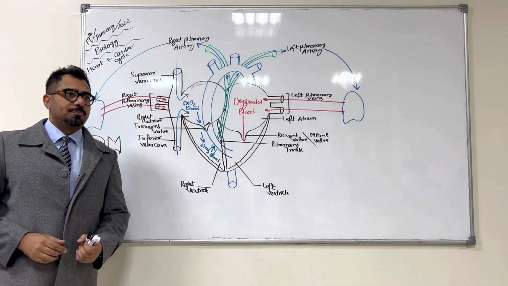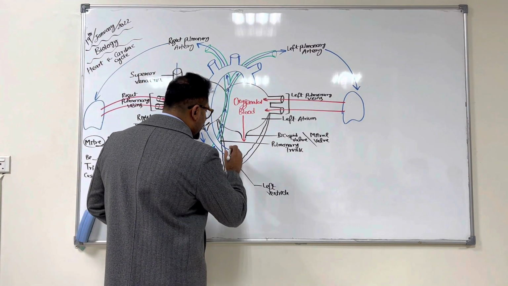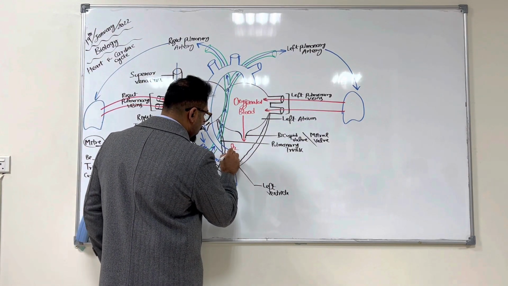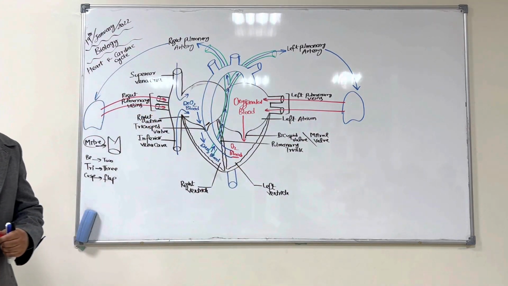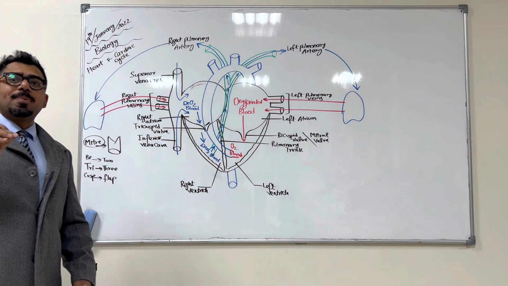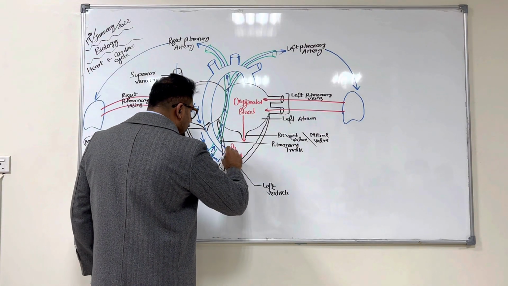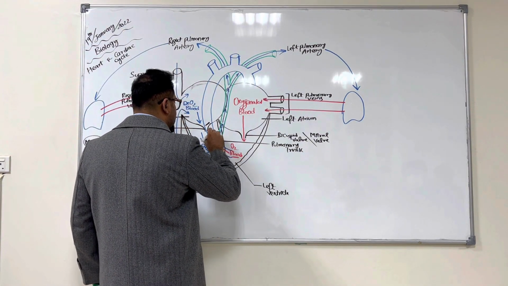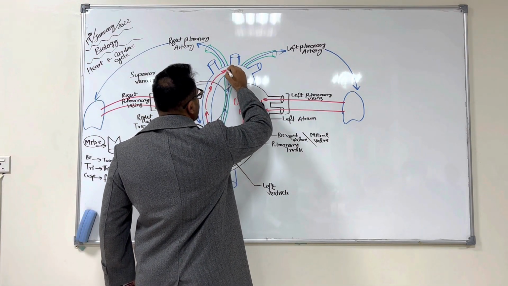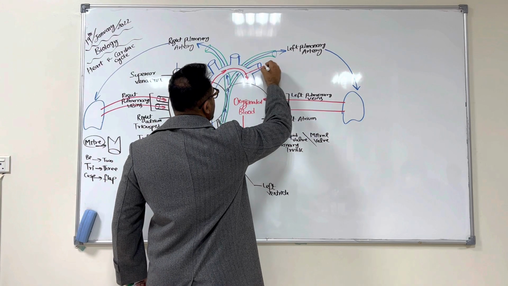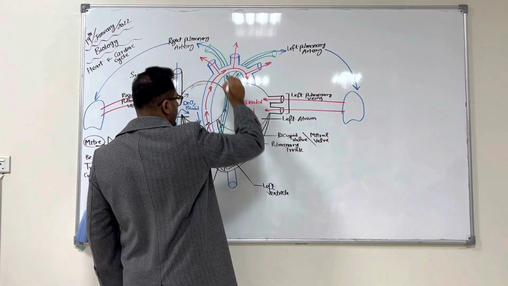Now, look here, boys. Next thing, what has happened. Now the oxygenated blood is present here in the left ventricle. Now the left ventricle contracts and the blood enters into this blood vessel which I have drawn with the blue color, and I am making arrows to show the direction of the flow of the blood.